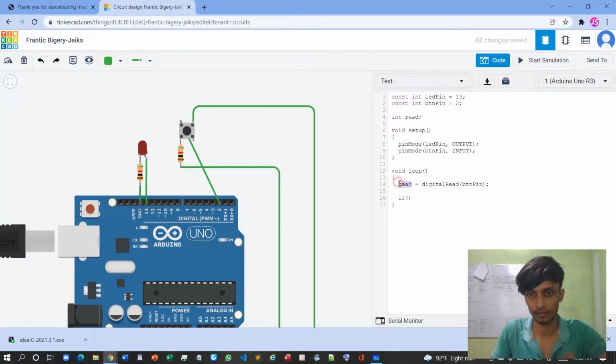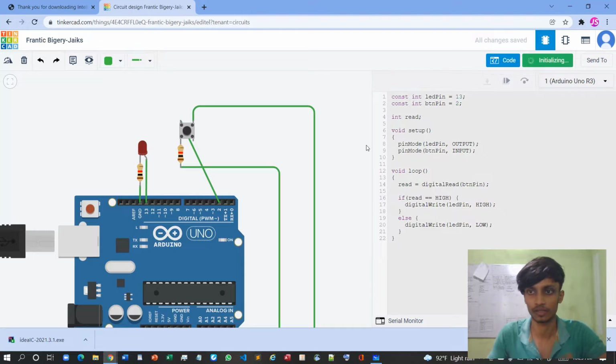Then if read is high, you can make a digital write to the LED pin, which is high. Then the LED will be turned on. Likewise, in the else statement, the digital write will be low.